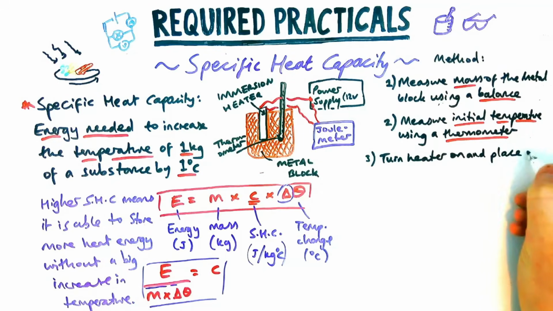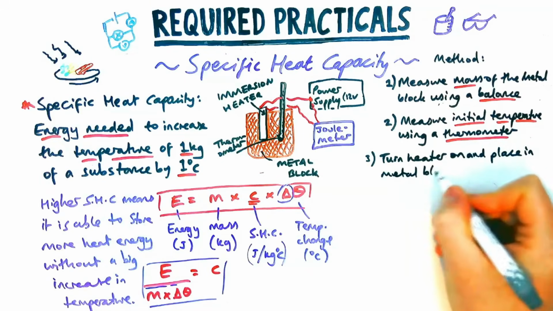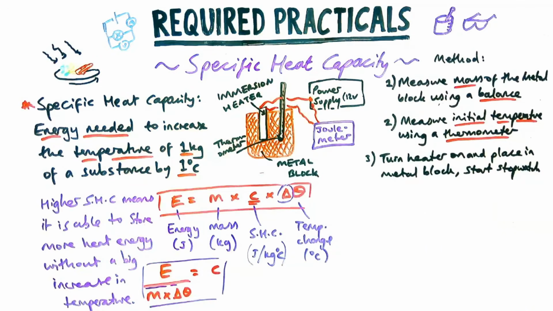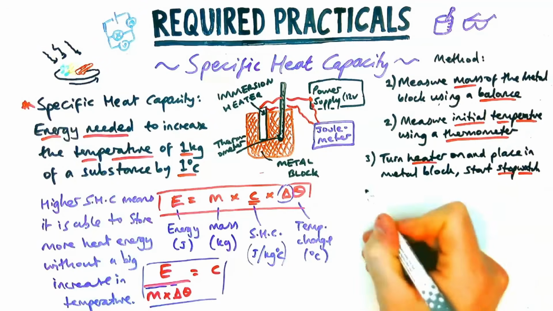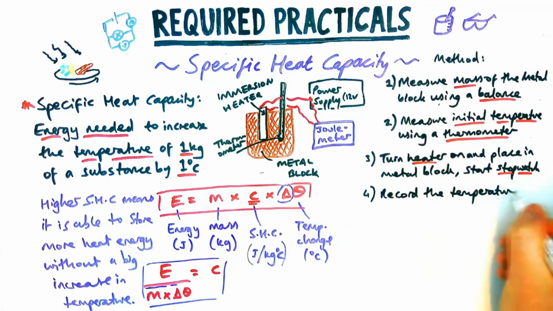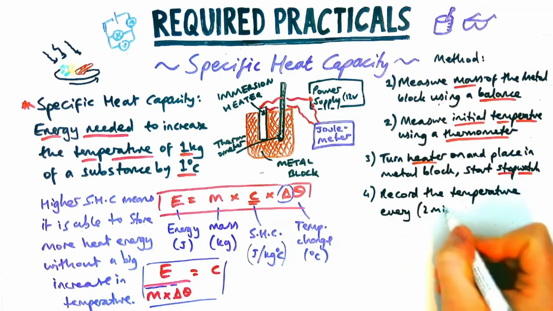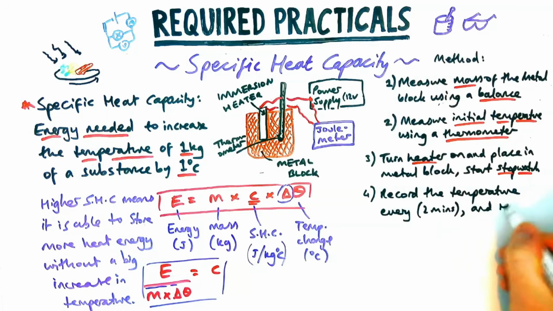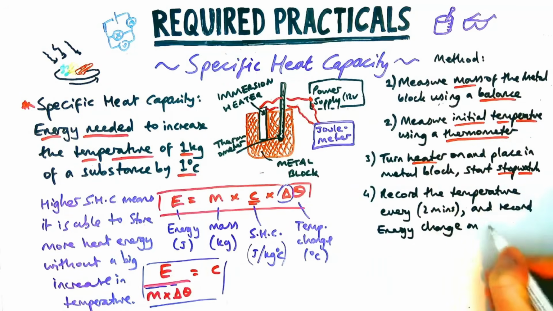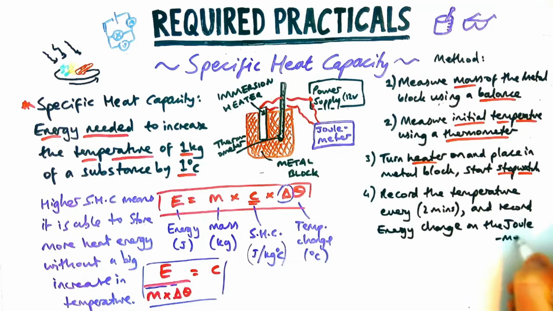So it says turn the heater on and place it in the metal block, and then you're going to start a stopwatch. Now stopwatch time we're going to come on to later. Obviously time isn't in our equation, but it will be important when we graph this. Then once you've started the stopwatch, you're going to record the temperature every 2 minutes, could be 1 minute, could be 30 seconds, could be 5 minutes, whatever the question asks you to do, and record the energy change on the joule meter at the same time.